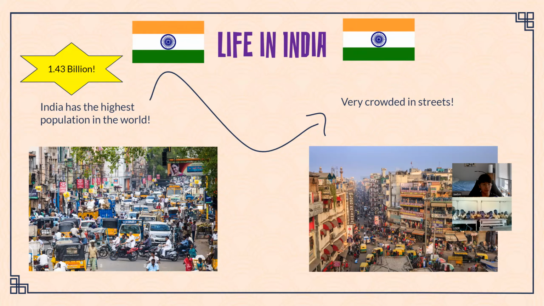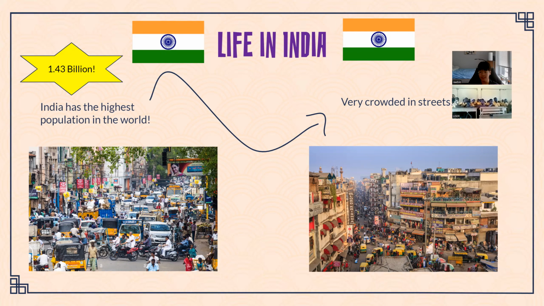You can see in the picture on the left, it's very crowded. There are a lot of cars and people passing by. And in the picture on the right, you can also see that the streets are always full of people. This again is due to the population. Since it's really big, people all tend to gather around in small streets.